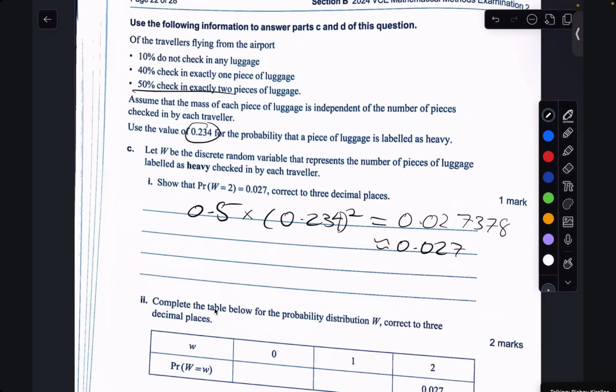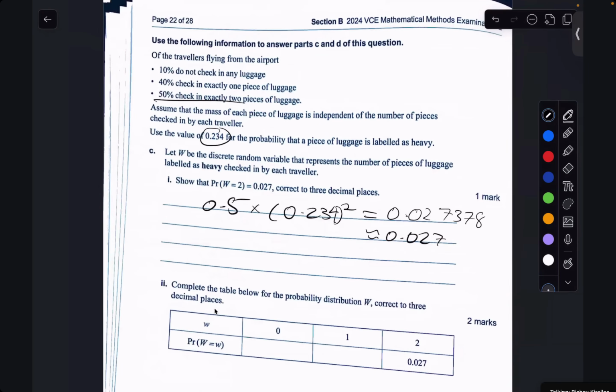So we've got the probability that W is equal to 1. So for here, we just did 0.5, exactly 2 pieces of luggage, times 0.234 squared. The number of pieces of luggage labelled as heavy checked in by each traveller.